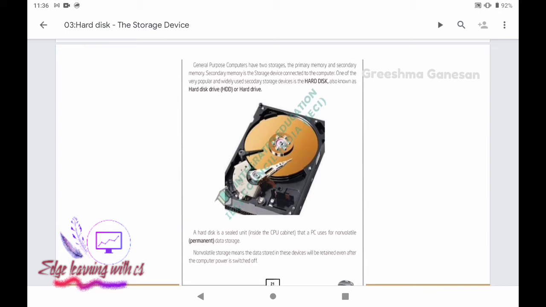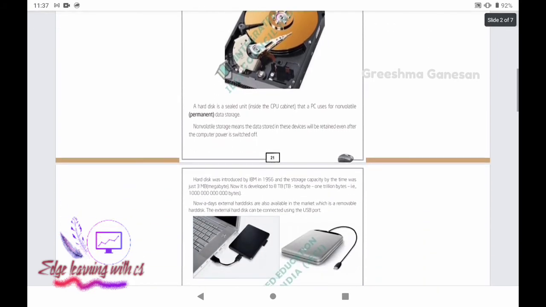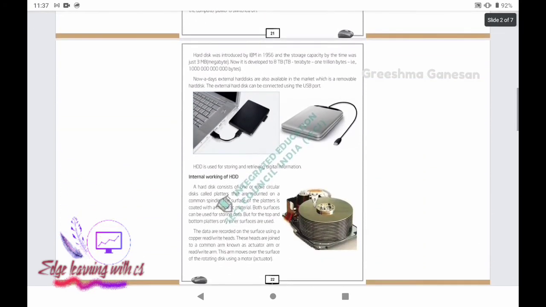So, whenever you are turning on your system, all the relevant data for booting your system will be collected from the secondary memory and it will be loaded to the primary memory at first. Then it will directly go to the CPU and it will start its processing.